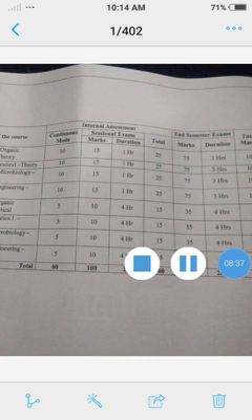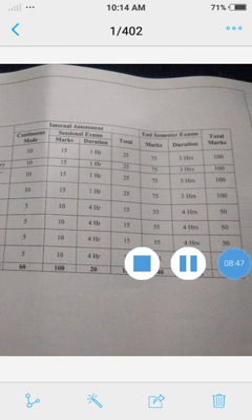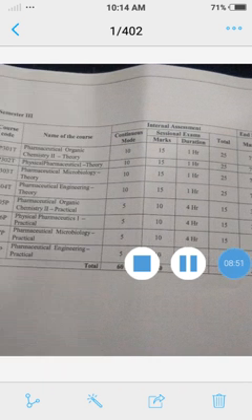For the sessional examination, it is the mean of both sessional 1 and sessional 2. And for your university theory examination, it is 75 marks. That is a total of 100 marks.